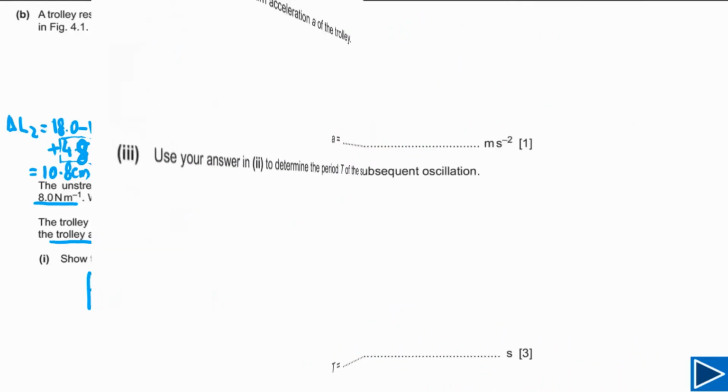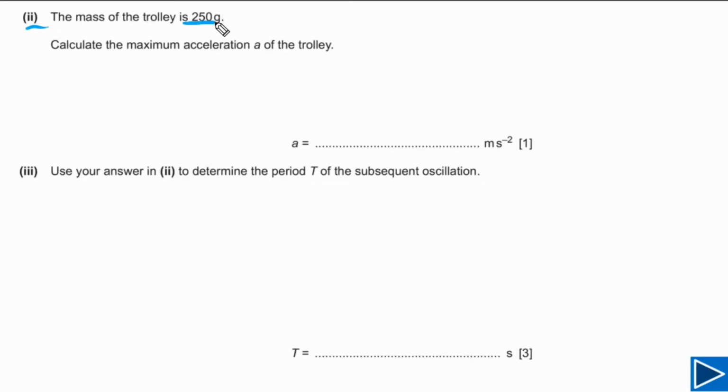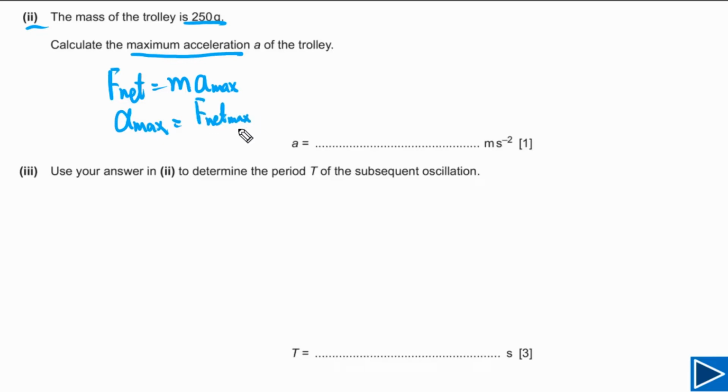Very important question. For the second part, the mass of the trolley is given. This is equal to 250 gram. We need to calculate maximum acceleration, but we have calculated maximum resultant force. So simply we can say that F net is equal to m times a max. We have already calculated the maximum value of resultant force, that was equal to 0.77. Now the question is asking us to calculate maximum acceleration. So a max is equal to F net maximum divided by mass.